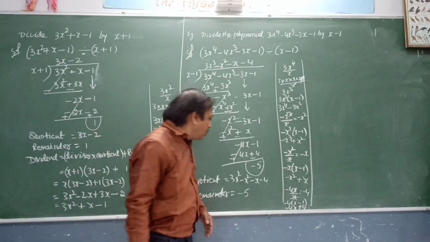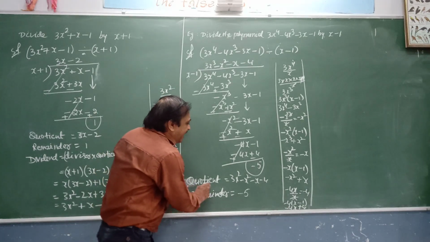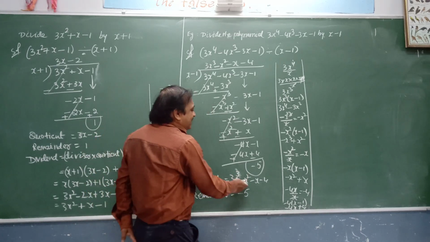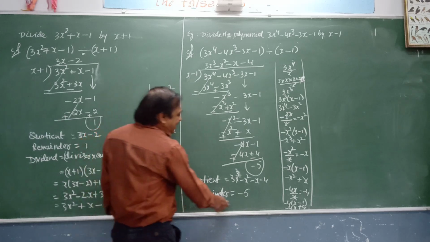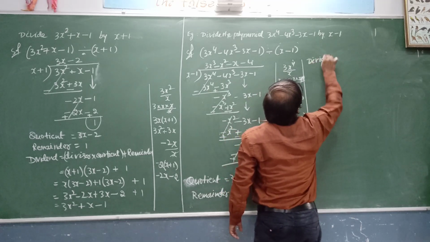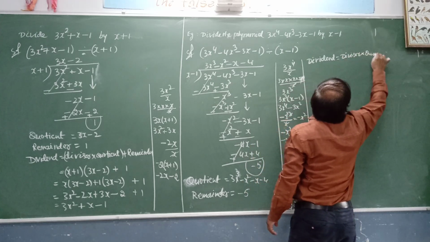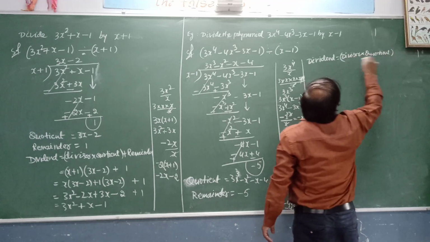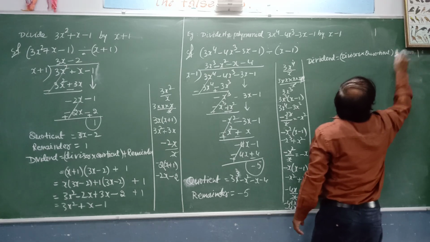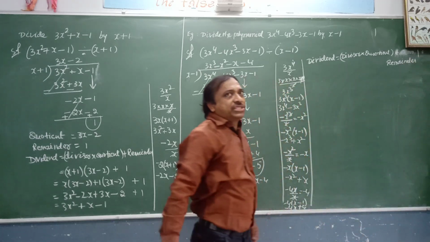So as we know the division rule, quotient Q. Now dividend is equals to divisor into quotient plus a remainder.